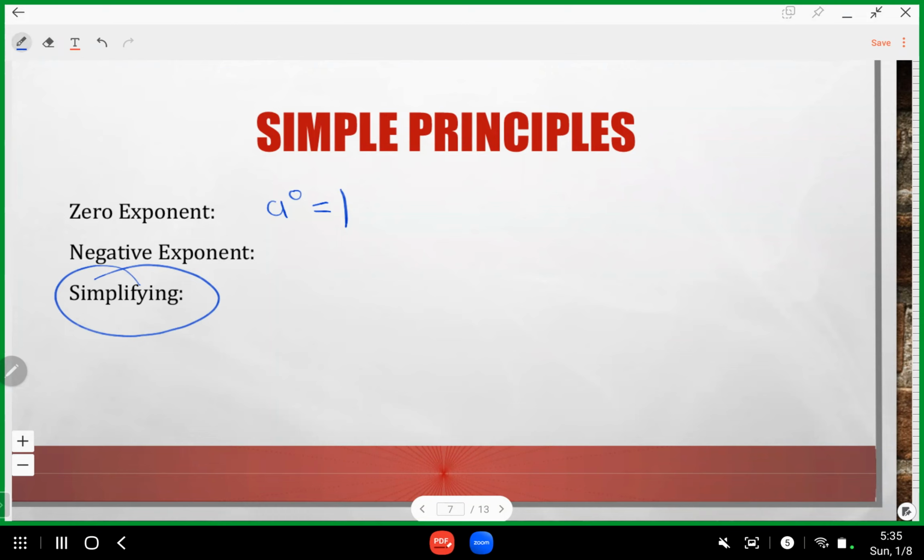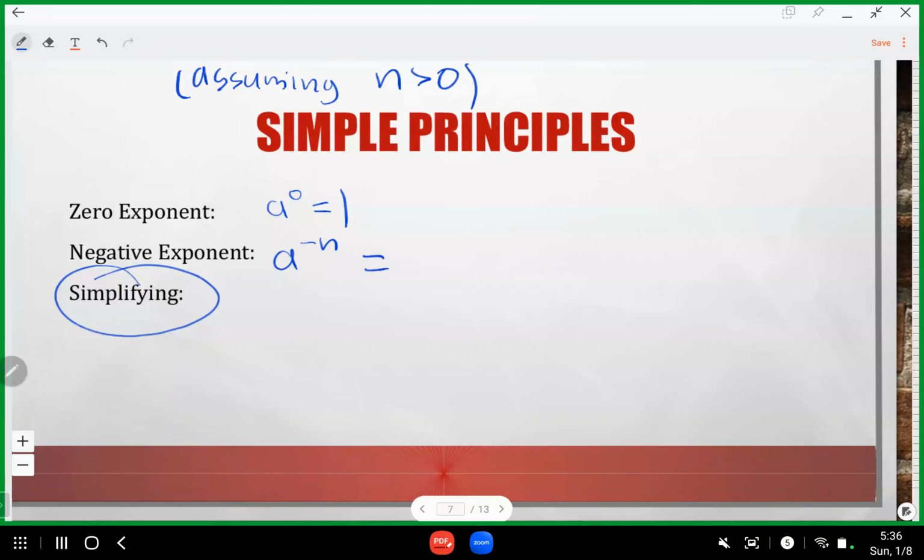So negative exponents: a to the negative n, assuming n is positive. So then negative n would be a negative number, right? Assuming n is positive. Okay, then what would that be?